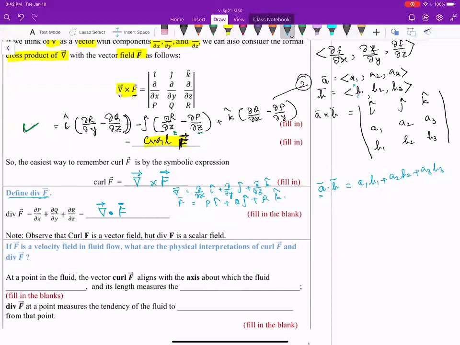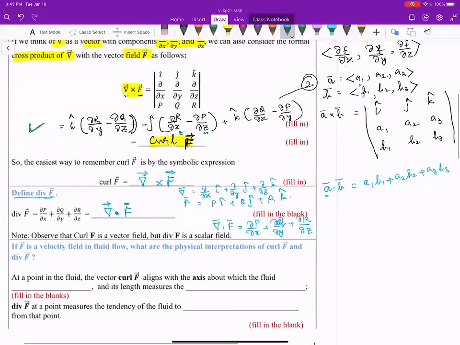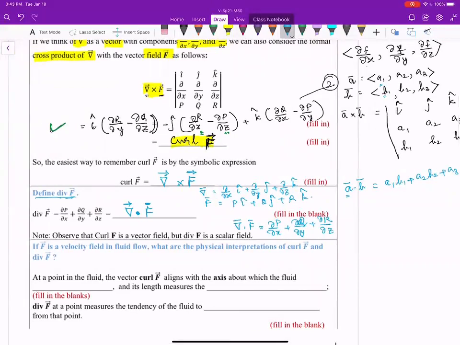So the dot product of these two, del dot F, is obviously multiplying the corresponding components: dou p by dou x plus dou q by dou y plus dou r by dou z. So del dot F is div F.